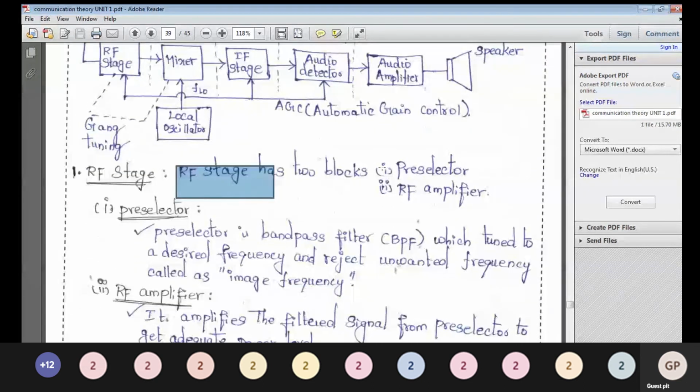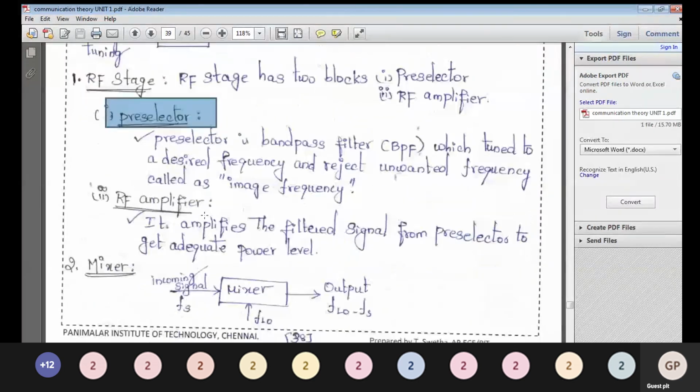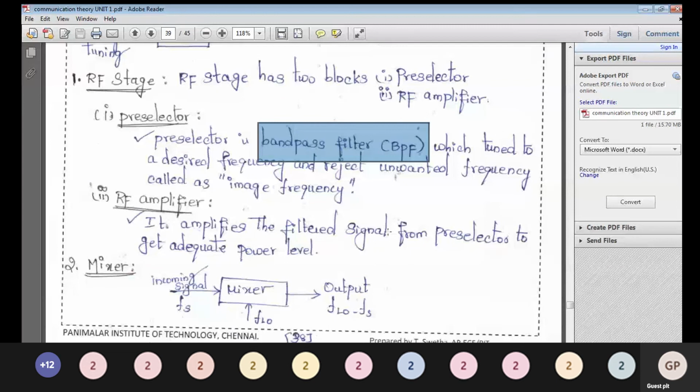The RF stage has two blocks. One is the pre-selector block. The second one is the RF amplifier block. The pre-selector is a band pass filter. It is used to select the desired frequency component before demodulation, so it is called the pre-selector. The pre-selector is nothing but a simple band pass filter which is tuned to a desired frequency.